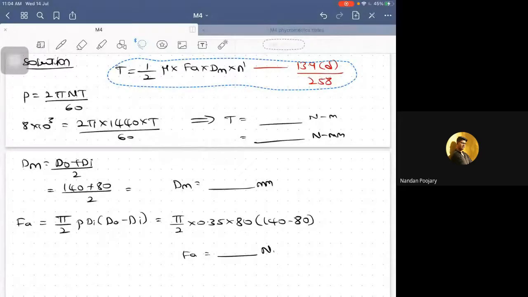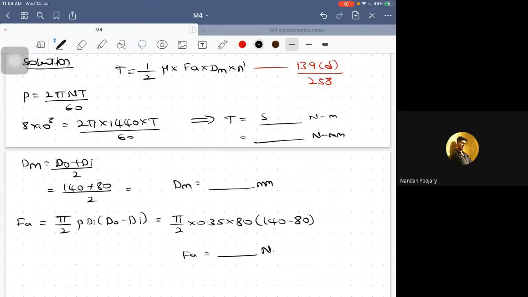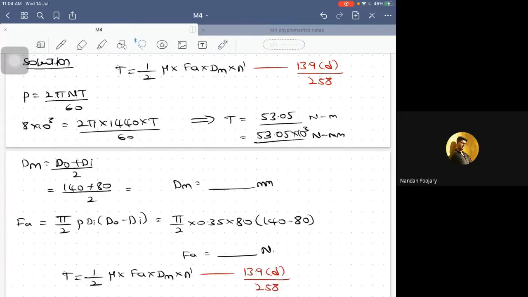Okay, 53.05. So 53.05 in Newton meters. In Newton mm, it would be 53.05 cross 10 to the power of 3. Dm is 110. Okay, same. Previous problem is the same value or what?